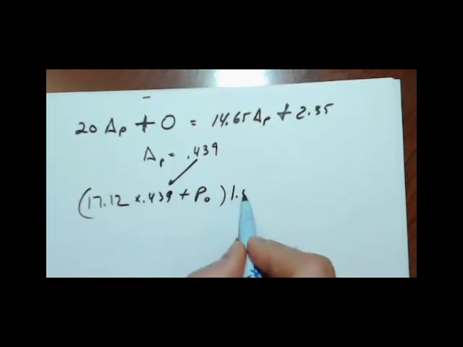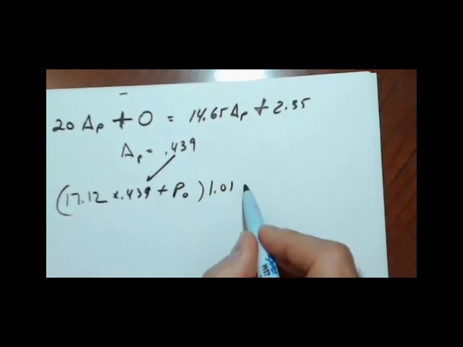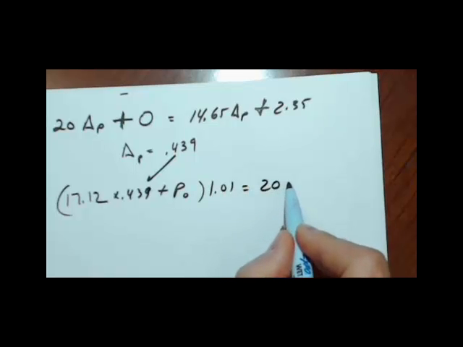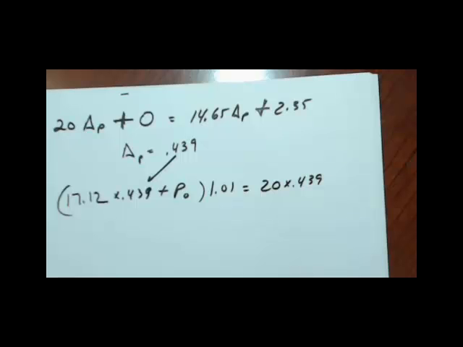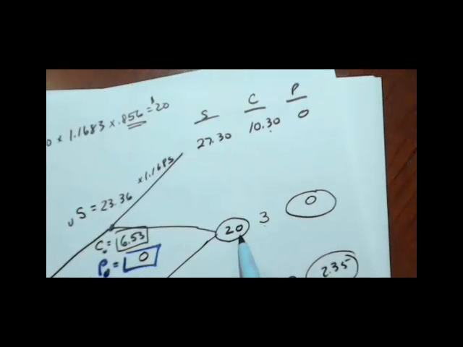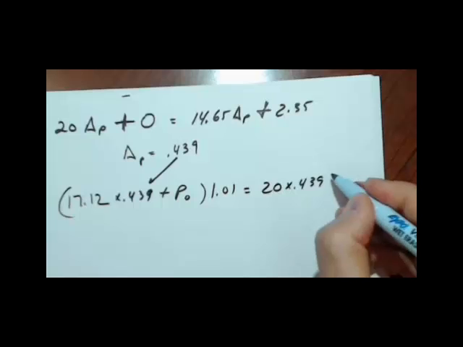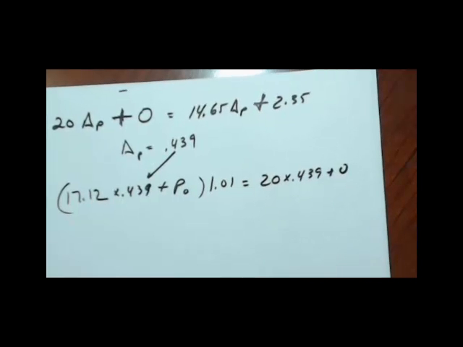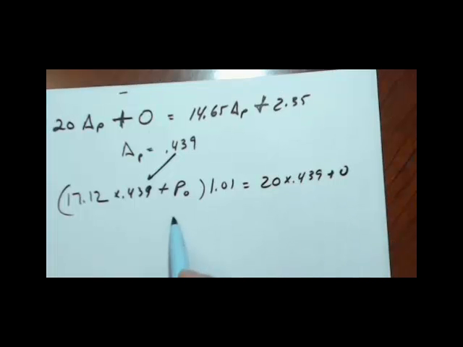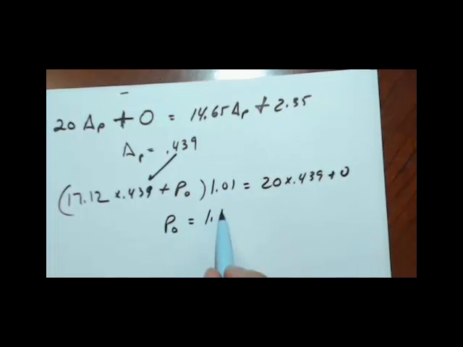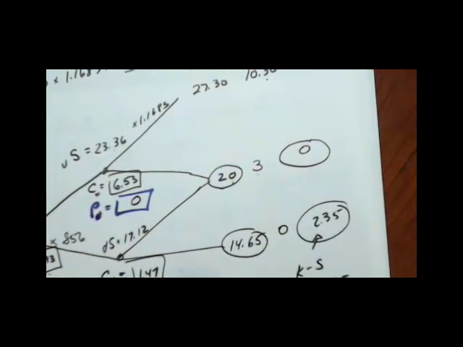That's going to grow at the riskless rate over a 6-month period, and that will equal 20.439 plus 0. What I'm saying is, look, what happens if the stock goes up? Because when the stock goes up, the put is worthless, and I use that one because the math is 0. It makes it a little easier. When I solve this, the put is $1.18.